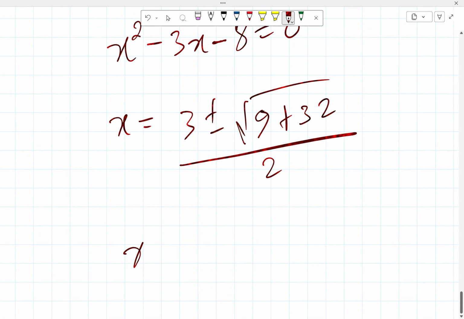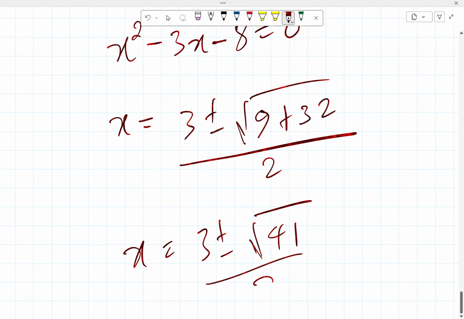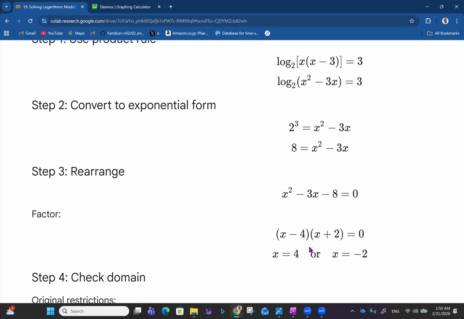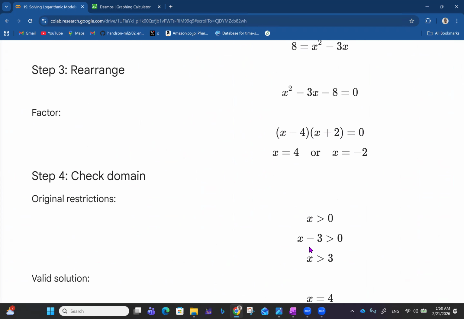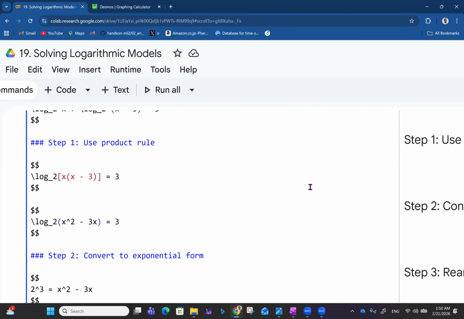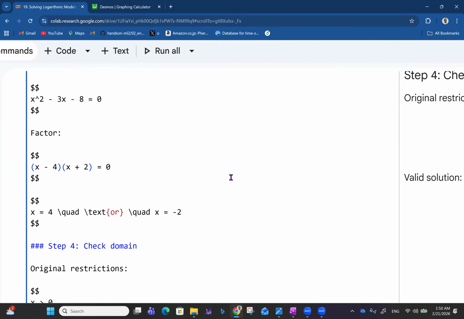Okay, so we have x to be 3 plus or minus square root of 41 all over 2. So the factorization is not correct, the factors are not so straightforward like that.